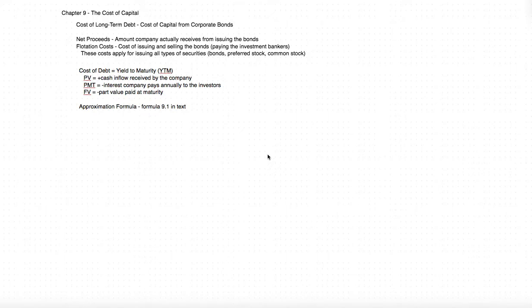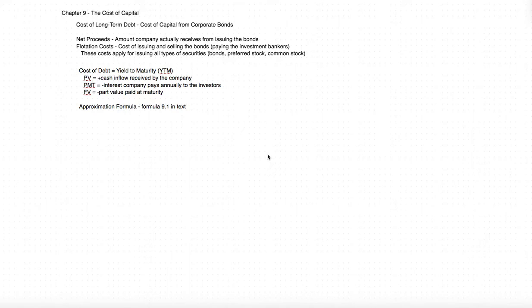For bonds, the cost of debt is really equal to the yield to maturity, so essentially the I in the calculator that we solve time value of money problems with. And so what we'll do, very similar to any other time value of money problems, we'll have a present value, which is the cash inflow received by the company, essentially from the investor who bought the bond.